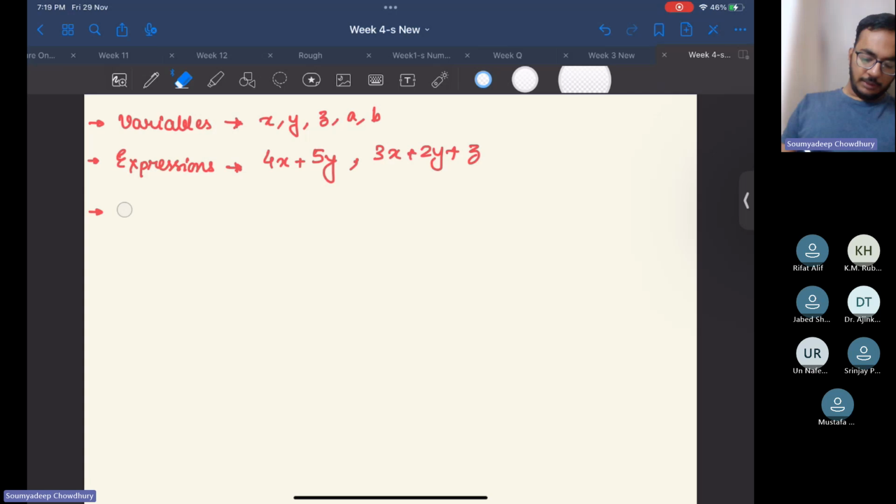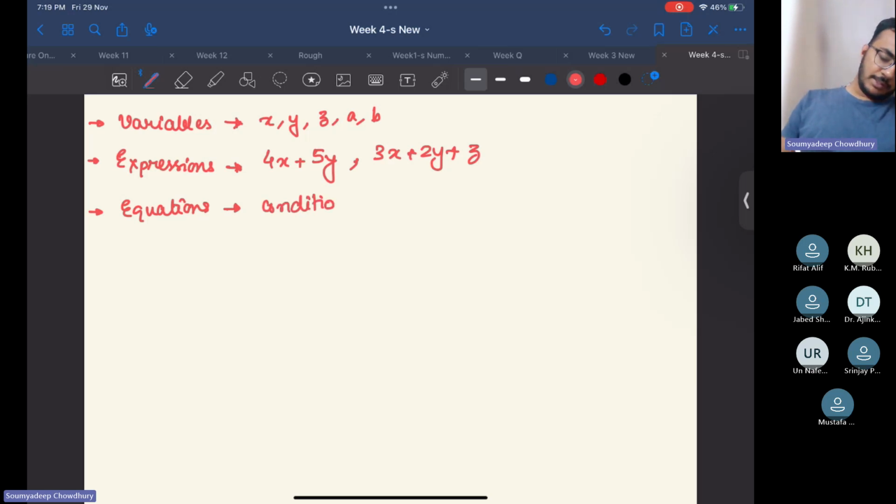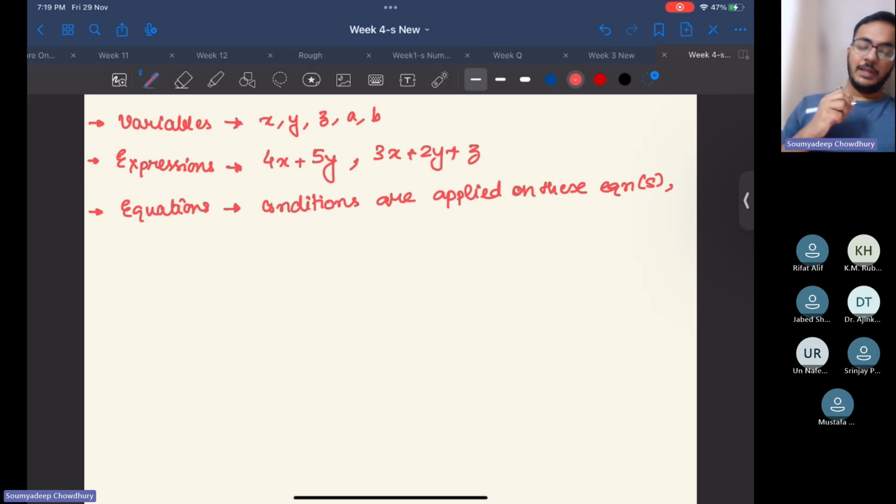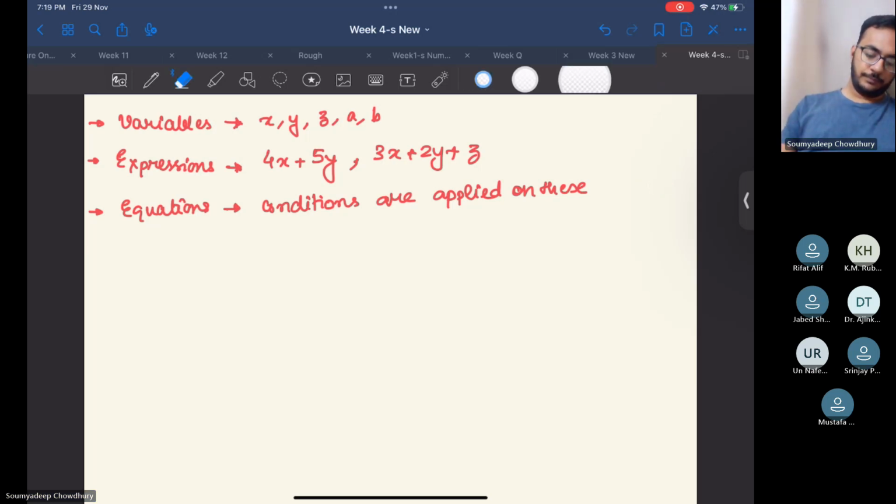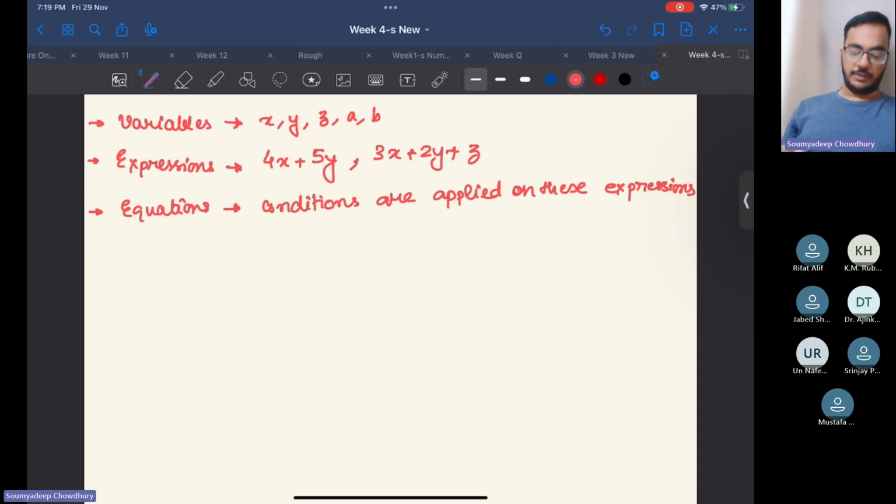Then we have equations. What are equations? When some mathematical conditions are applied on these expressions, then it is called an equation.